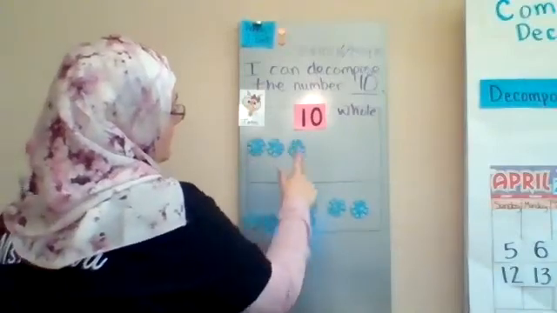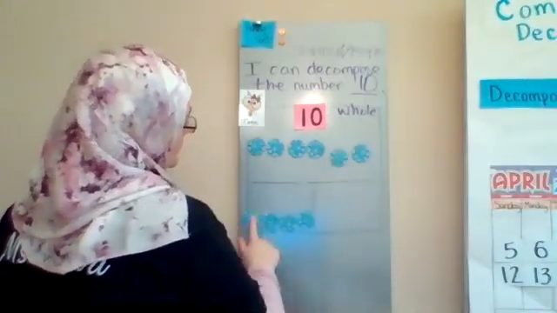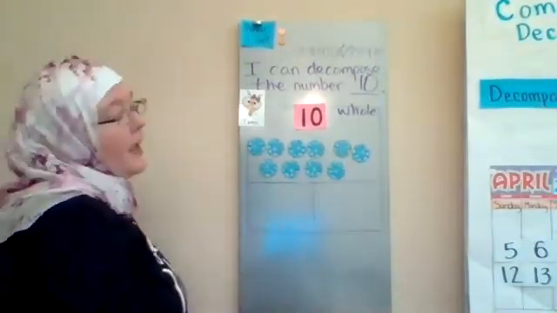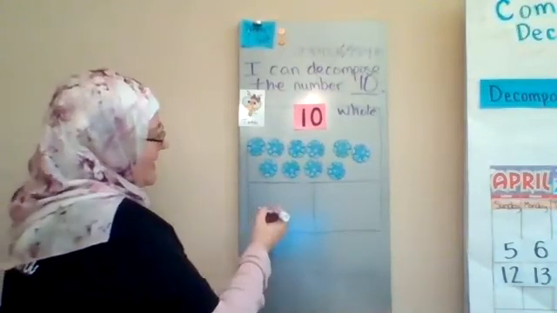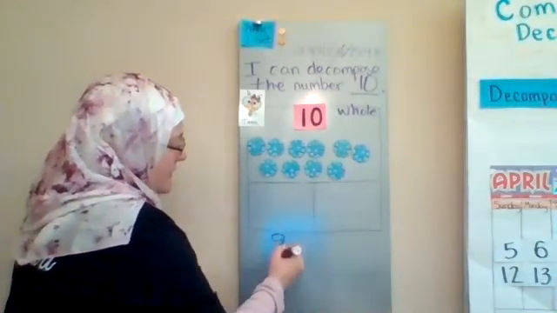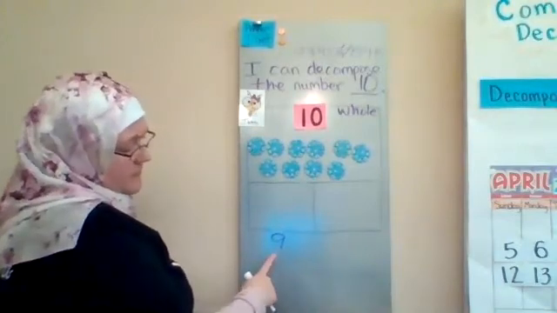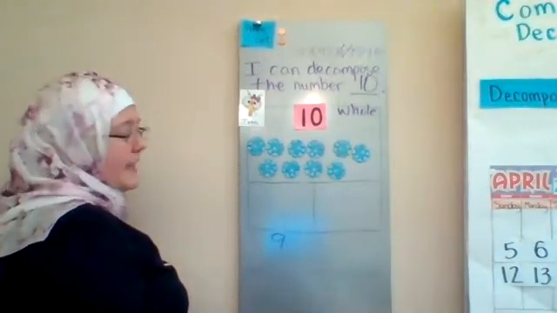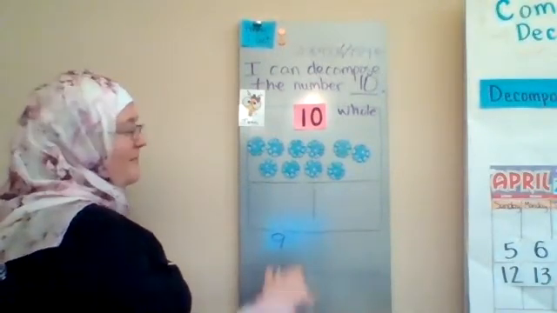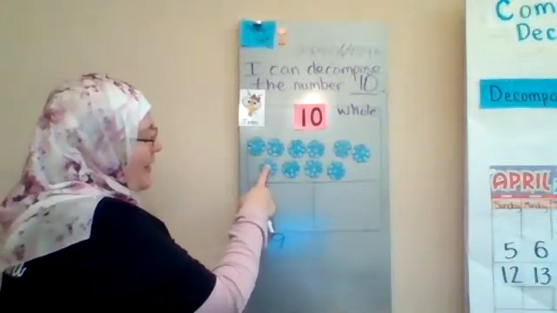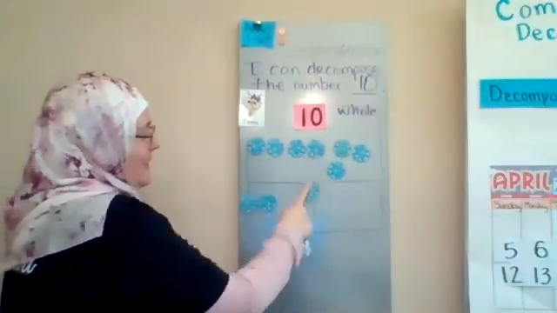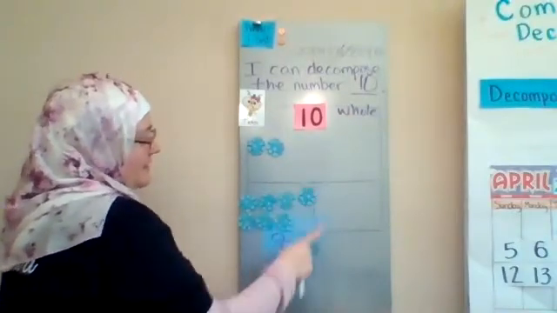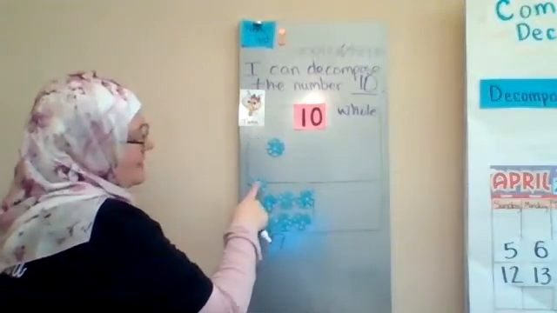1, 2, 3, 4, 5, 6, 7, 8, 9, and 10. After 8 comes 9. We're almost there. Think. What would you have left if you took away 9 from the 10? I bet you can already think about it in your brain. 1, 2, 3, 4, 5, 6, 7, 8, and 9.